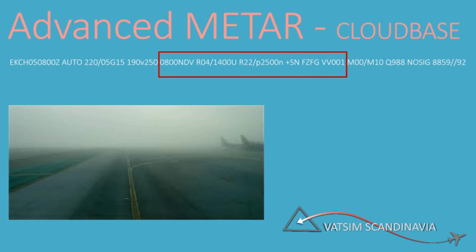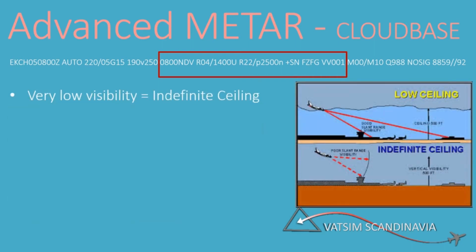Now, of course, you can also have the situation with very low visibility, but then how high does the cloud look in this picture? If you think about where the clouds are here, it's just impossible to say. You have a very low ceiling, and at some point you can't really say where it starts, and then it becomes what is known as an indefinite ceiling.